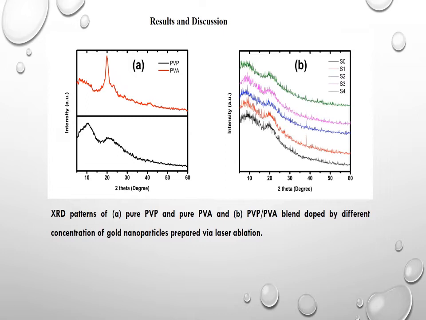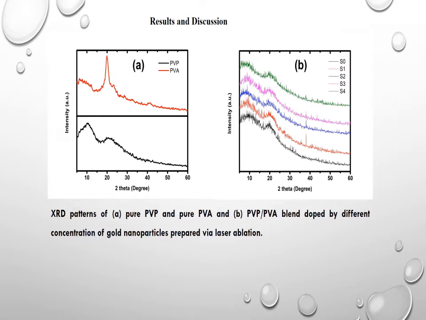We can find that as the ratio of gold nanoparticles increases, the intensity of this peak decreases, attributed to the presence of gold nanoparticles.